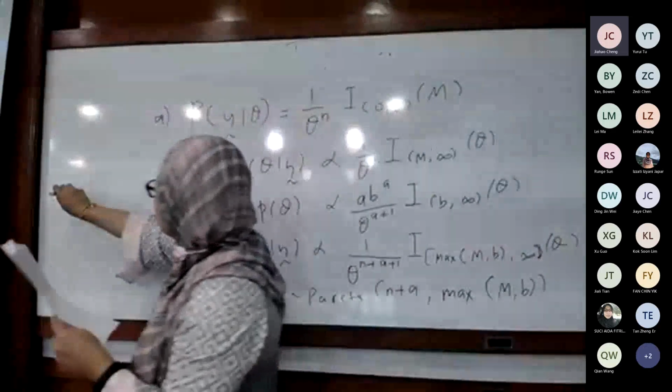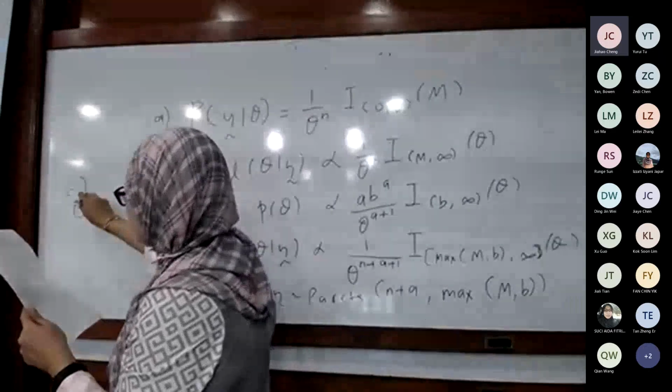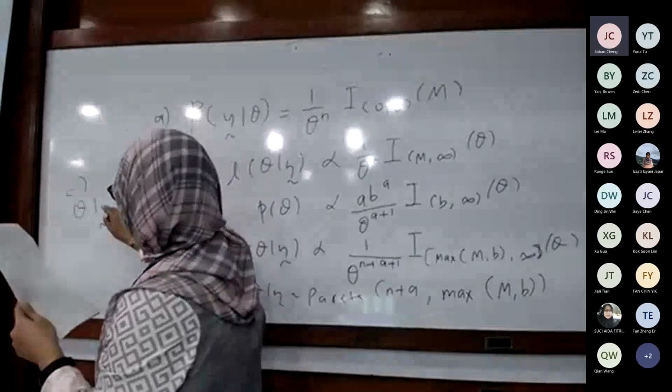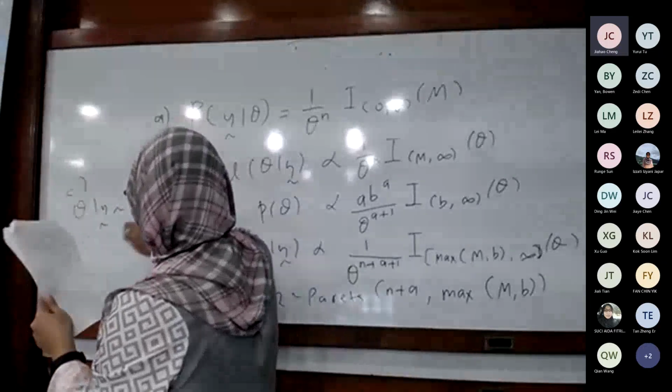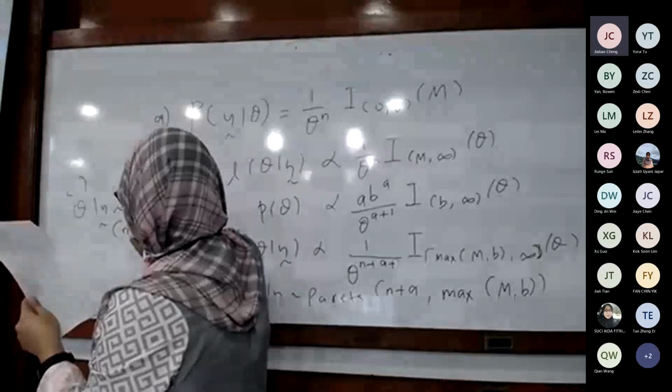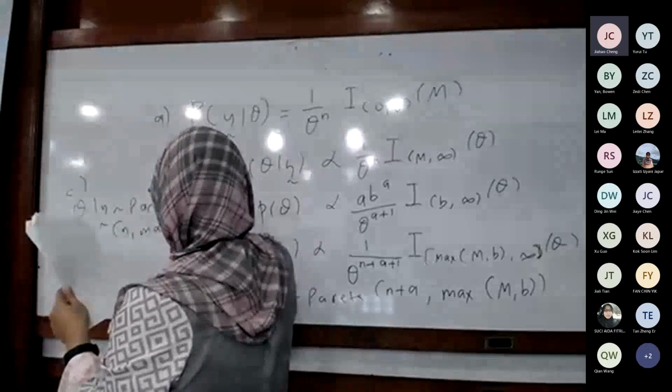So for C, the aim here is after transformation, then this one you can try on your own. Your theta will be a Pareto also, with parameter N and maximum of M and 1.